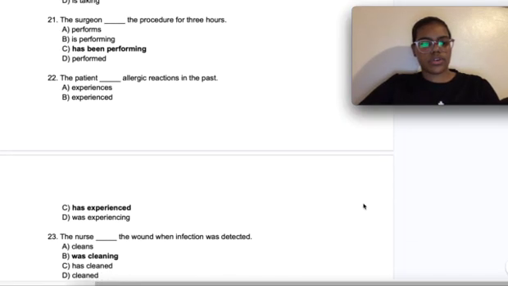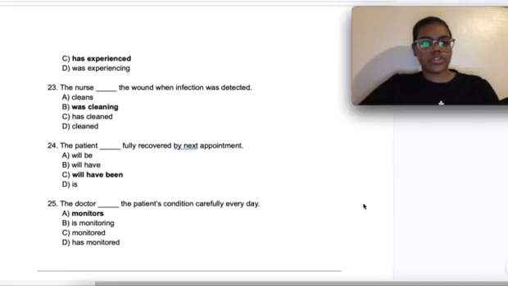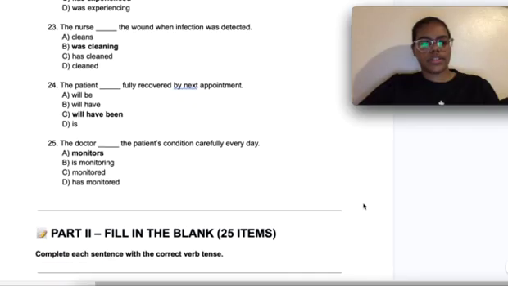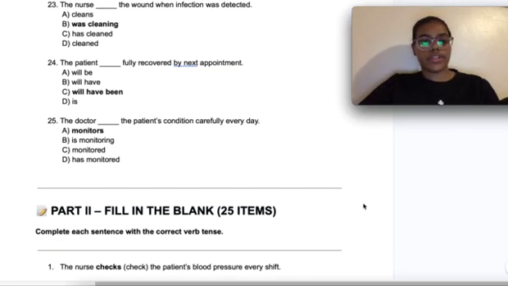The patient has experienced allergic reactions in the past. 23. The nurse was cleaning the wound when the infection was detected. 24. The patient will have been fully recovered by the next appointment. And 25. The doctor monitors the patient's condition carefully every day.